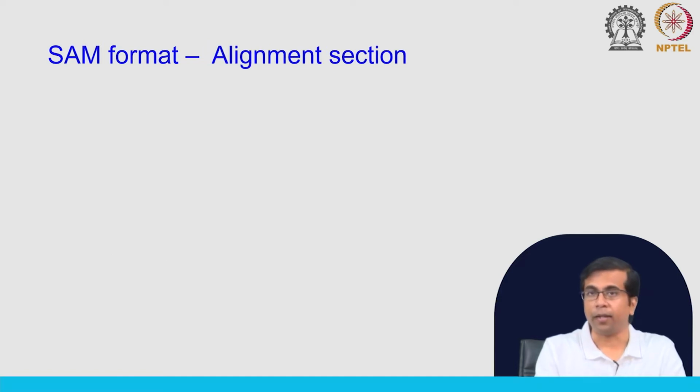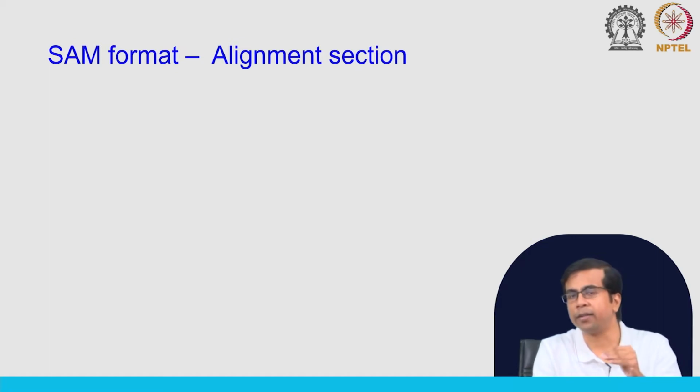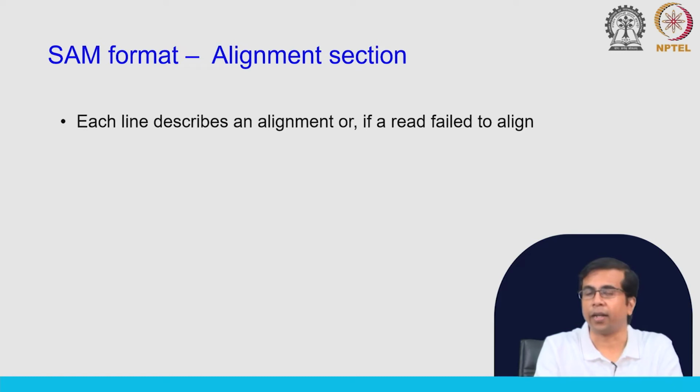So, the alignment section. In the alignment section you have multiple lines, as you have just seen, and each line describes an alignment for a read, or it will tell whether there is a failure. If a read did not align, it will also say that in the alignment section.